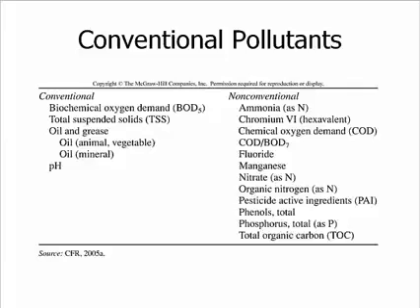In this table, I'm giving you a list of what the conventional pollutants are and what some other pollutants also are that we are concerned with but are perhaps not required to remove. So the conventional pollutants include BOD5, which is the measure of carbonaceous and nitrogenous oxygen demand, suspended solids, oil and grease, and pH.